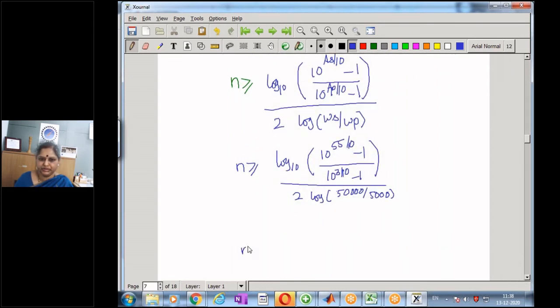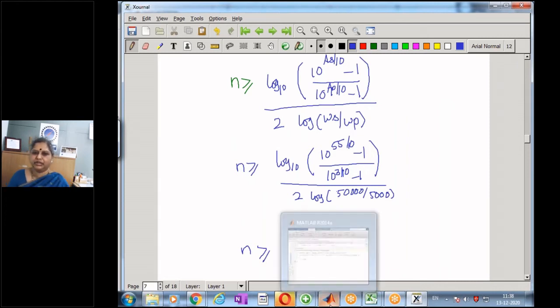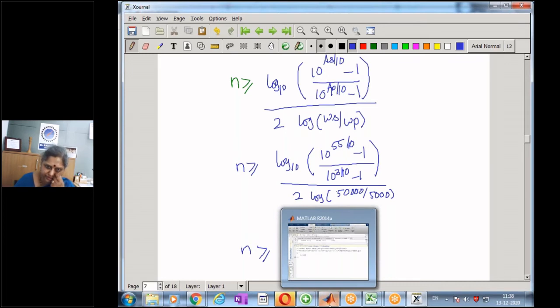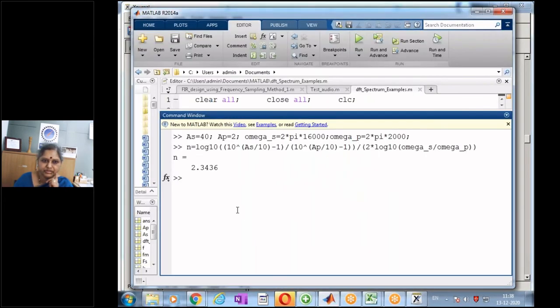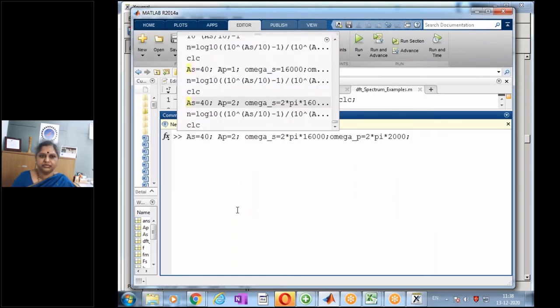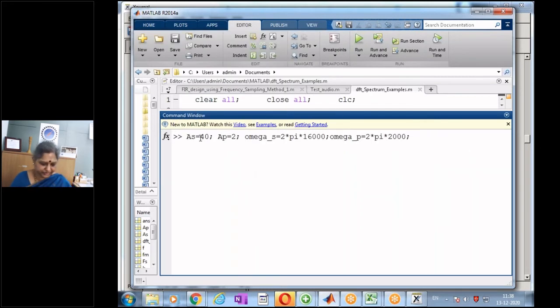N has to be greater than or equal to something. So let's put the values into our expression: 55 and 3, 50,000 and 5,000. I have my stop band attenuation as 55 dB and my pass band attenuation as 3 dB.